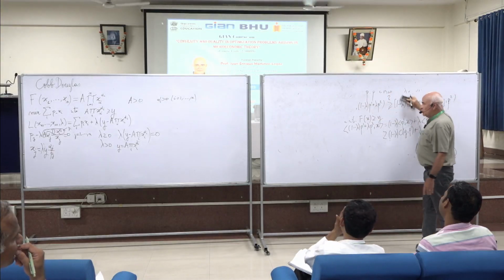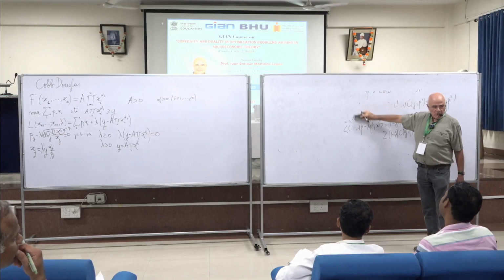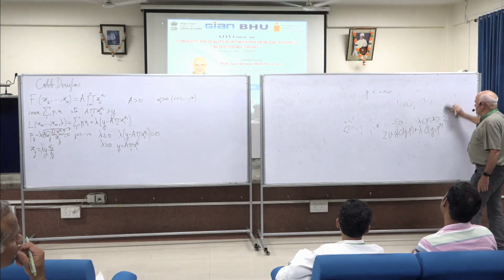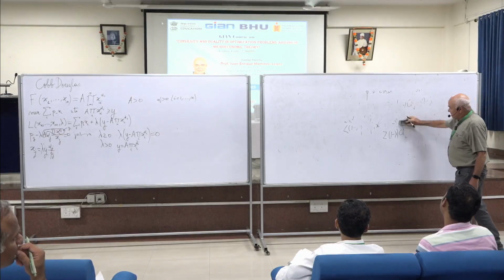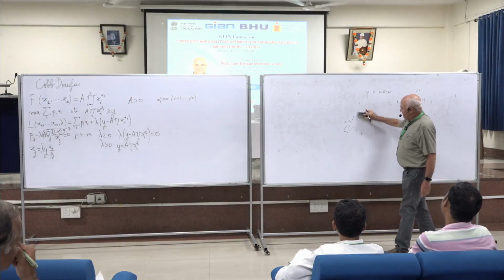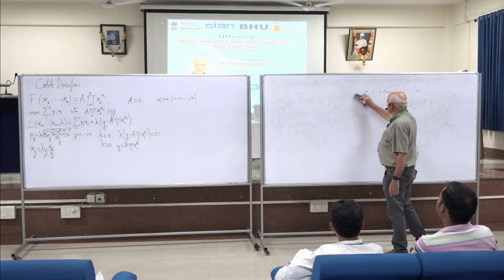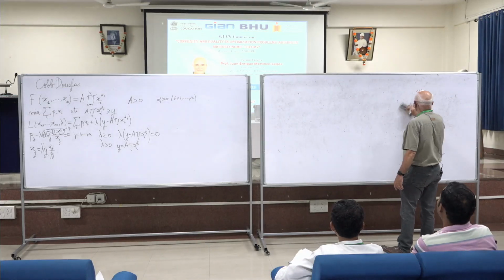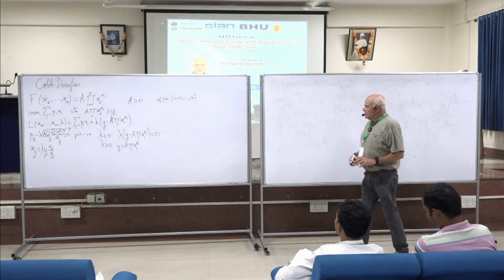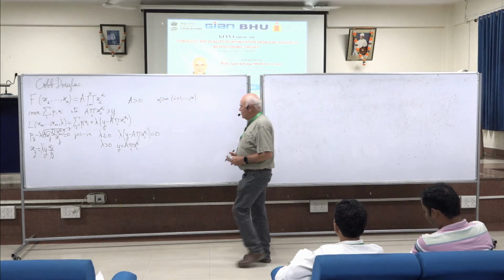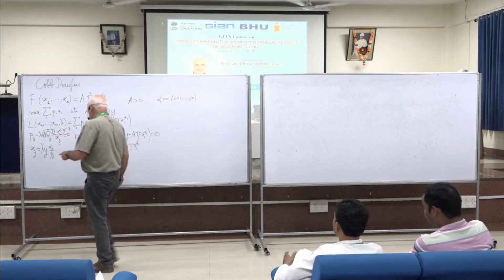I'm trying to compute the cost function associated with a Cobb-Douglas function. Okay, then this is xj.